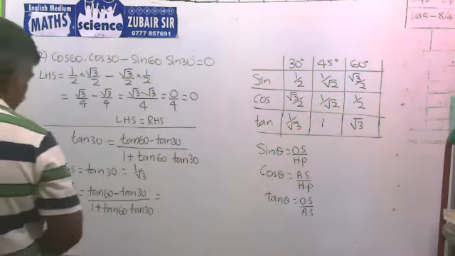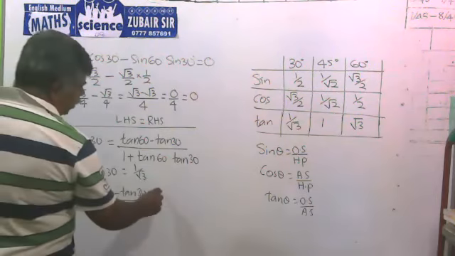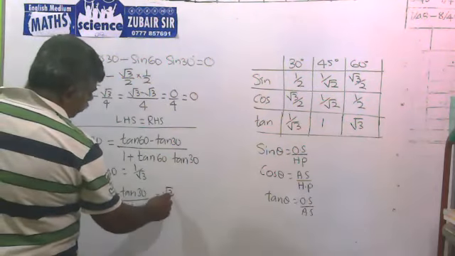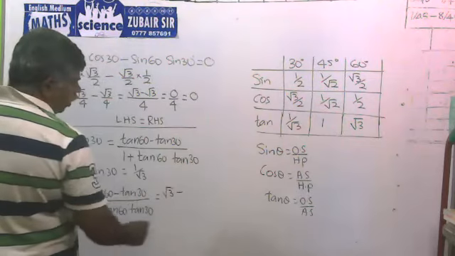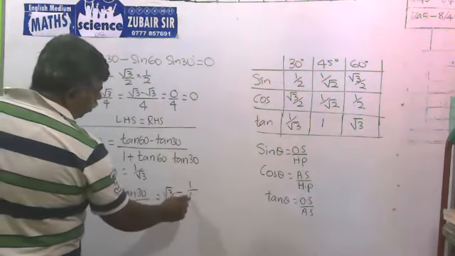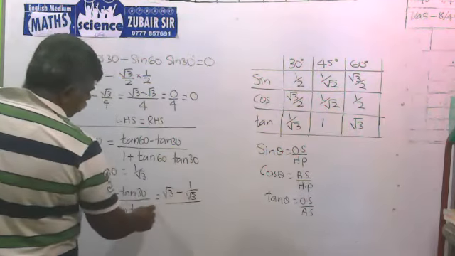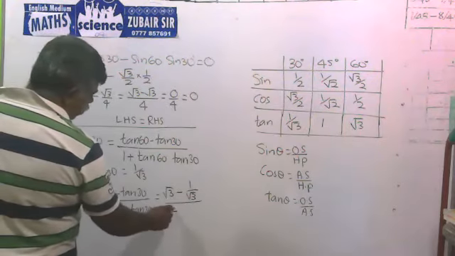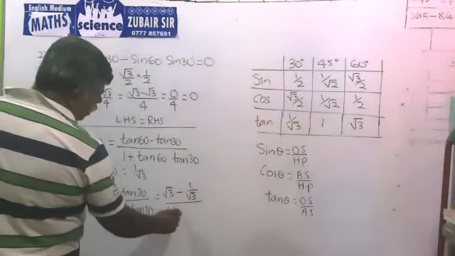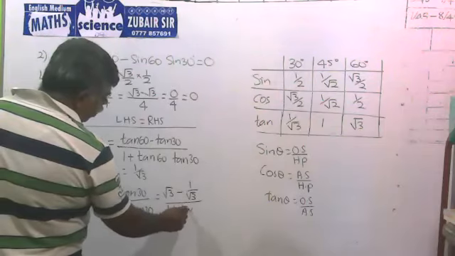Then what is tan 60? Tan 60 is root 3 minus tan 30. Tan 30 is 1 over root 3, over 1 plus tan 60 into tan 30.